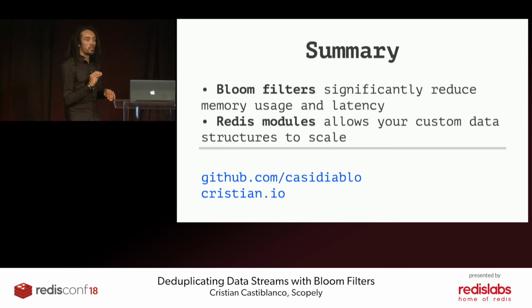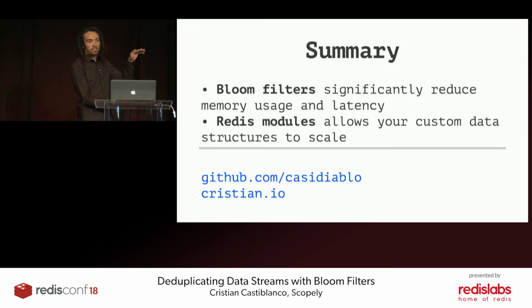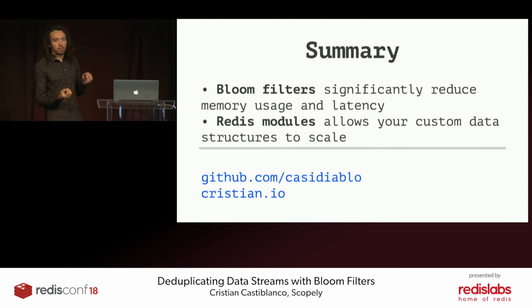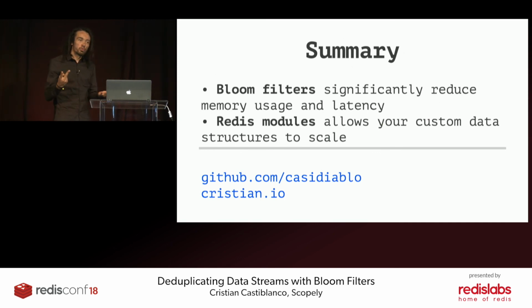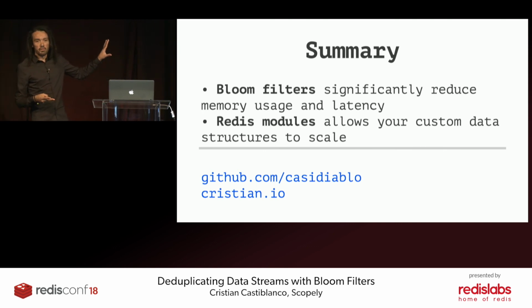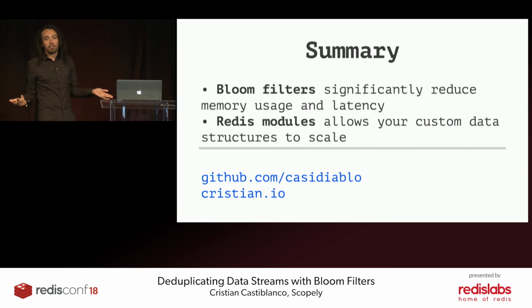Because we were running this in parallel with the Redis sets, which gives us 100% accuracy, we were able to compare how many records were being dropped because of false positives. In our case, it was around 2 records a day. So 2 records a day for 300 million events that you process a day, that's nothing.